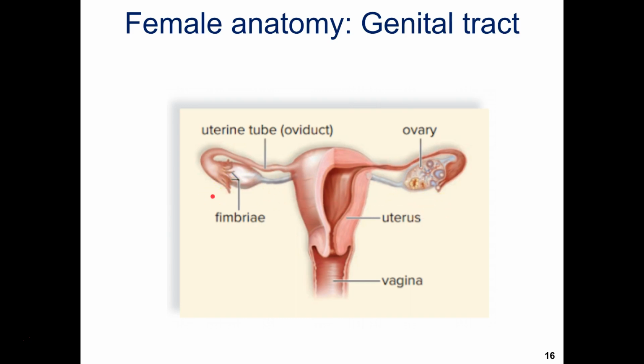It's going to be swept up by those fimbriae into the fallopian tubes, where it's ultimately going to implant in the uterus. Okay, so the cervix would be this part up here, the very top part of the vagina. And like I said, this is going to be on the test, probably in a diagram that looks very much like this one. So you should know that this is the cervix, this is the uterus, these are those fallopian tubes, and then these white things here are the ovaries themselves.